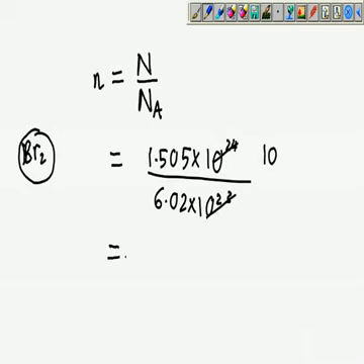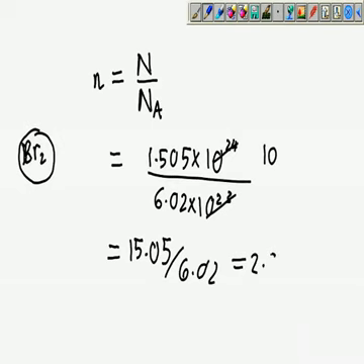Your final answer in the unit of mole should be 2.5. Okay, you should have 2.5 mole of bromine. Okay, 2.5 moles. It's like 2.5 dozens. Alright, so let's move on with the next question.